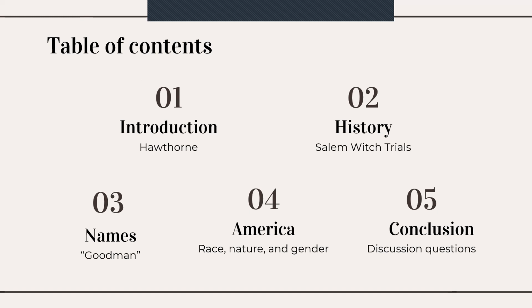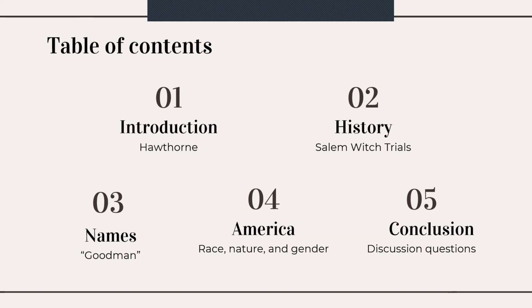So I just want to offer you a couple of questions about the meaning of the names. Here, we'll focus on the meaning of "good man" and its moral implications, or moral irony. And in chapter 4, we'll see how the story can be an example of the construction of America.